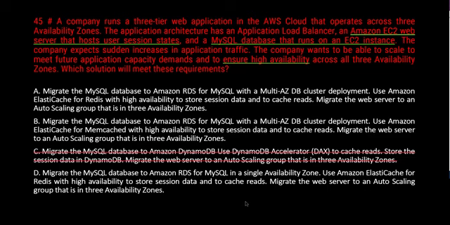And then if you look at the other options, this one uses multi-AZ, but this is saying single availability zone, which won't work for us because we want the database to be highly available across the board. Then we have these two. They are almost similar. The only difference is here they are using Redis to store data and the cache. Here they are using Memcached to store data and so on.